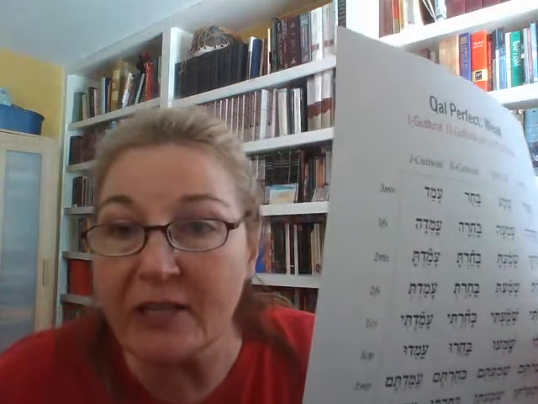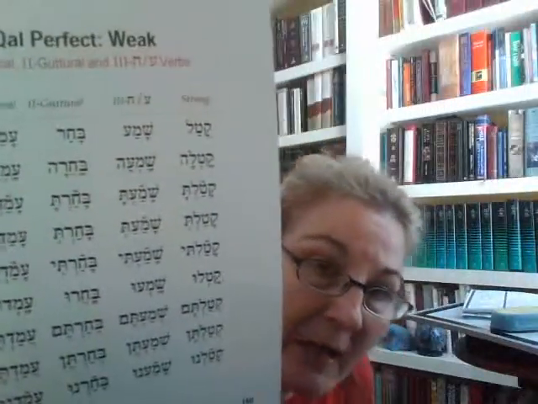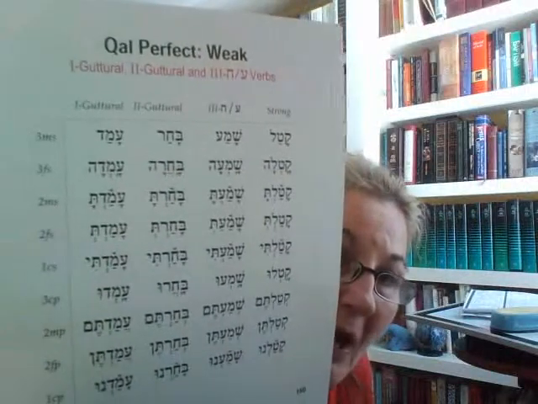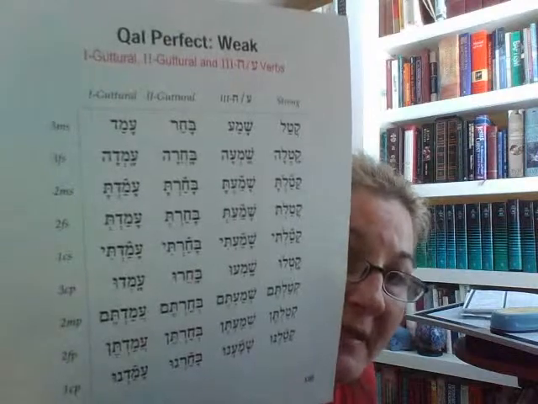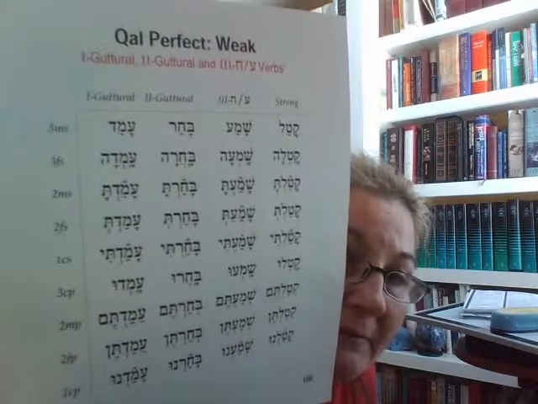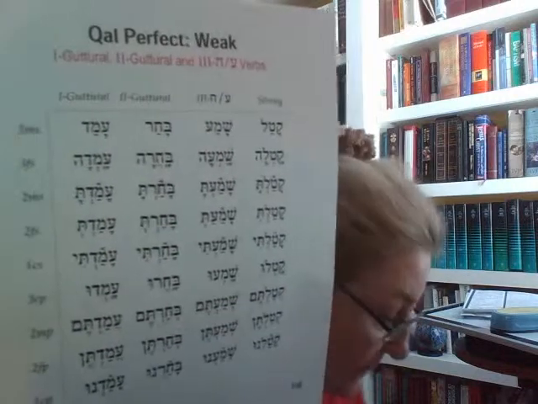Now, these materials that I'm showing you are also contained in your book in a slightly different form. I'm going to change my settings here so I can, there we go, that's better for me. This paradigm that I have for you here is the Qal Perfect Weak. You have first, second, and third het and ayin verbs and the strong all side by side.